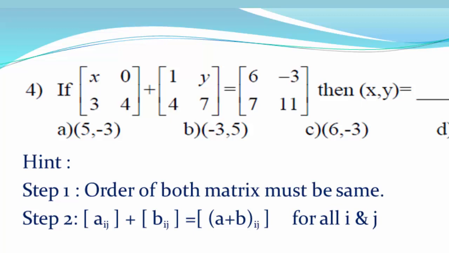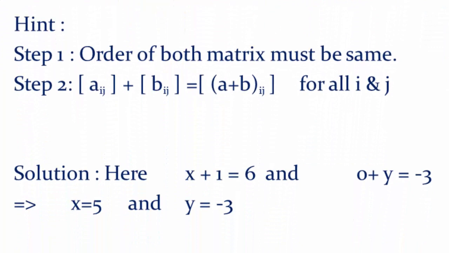Step 2, using addition of matrices, that is Aij of order 2 by 2 plus Bij of order 2 by 2 is equal to Aij plus Bij of order 2 by 2 for all i, j. Therefore, we get x plus 1, 0 plus y, 3 plus 4, 4 plus 7, a matrix of order 2 by 2.